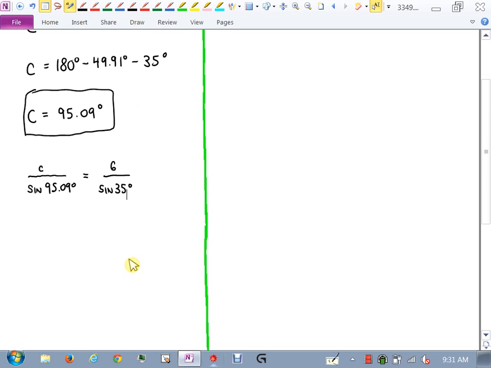I isolate little c by multiplying both sides by sine of 95.09 and dividing through by the sine of 35. And you get 10.42. Sounds good.